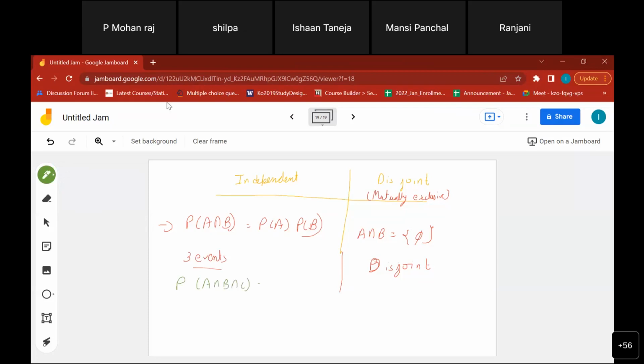Any other condition? Or only this? We could also have probability of A into probability of B, plus probability of B into C and A into C. Can you repeat?